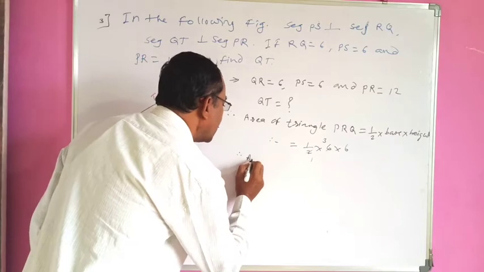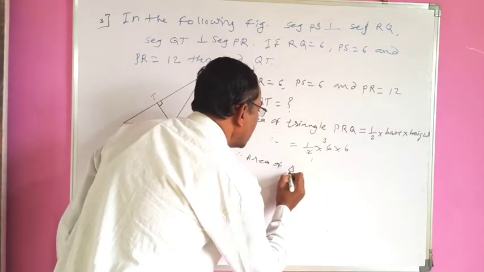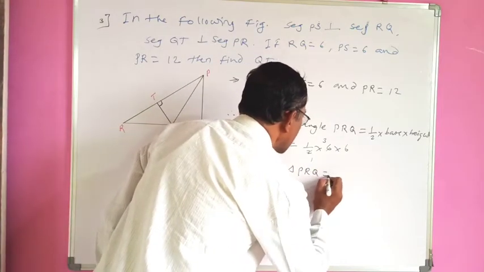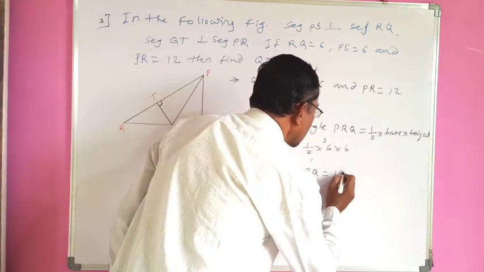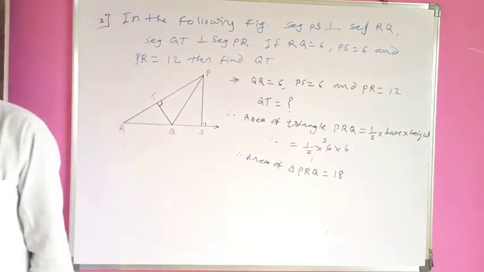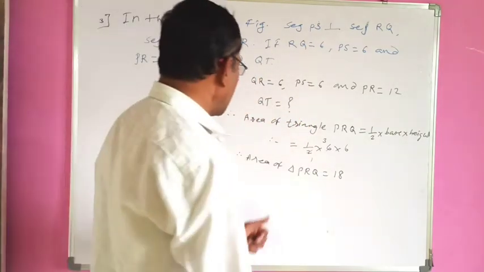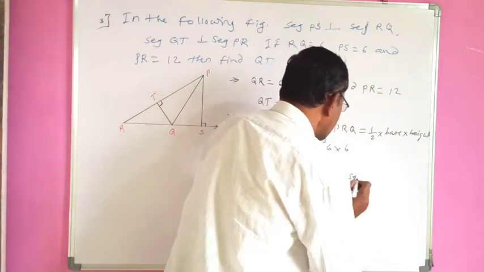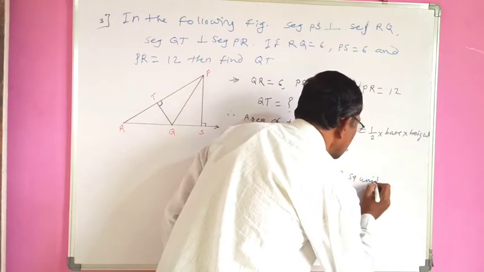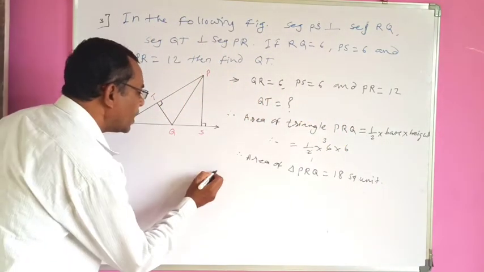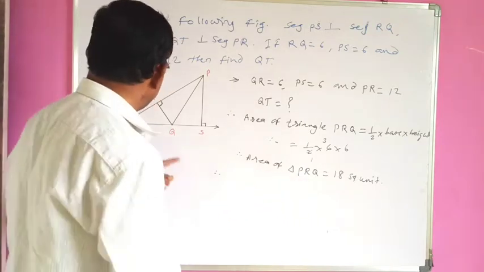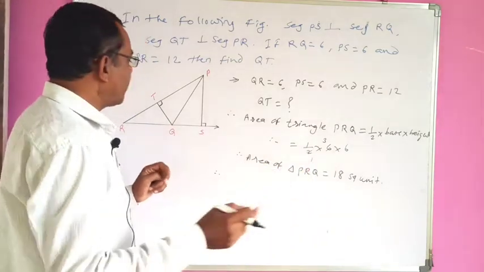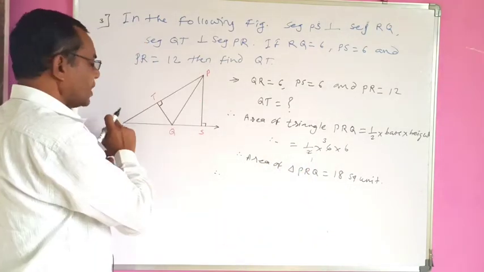Therefore, area of triangle PRQ is equal to 6 into 3, that is 18 here. Okay, now 18 is the area of the triangle. There is no unit, therefore I will write the unit here, square unit. Now by another way, area of triangle PRQ, in the second way, QT is height and PR is base here.